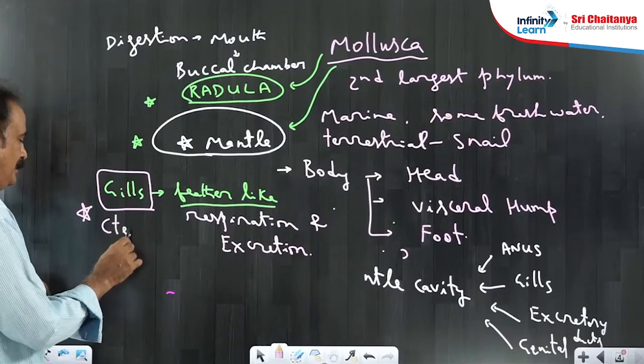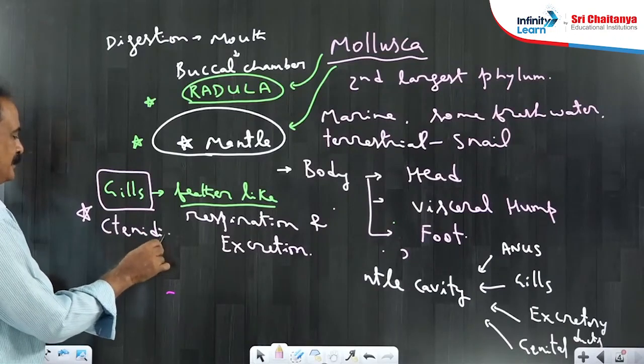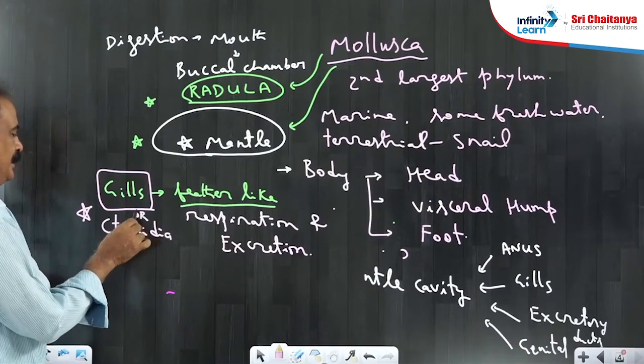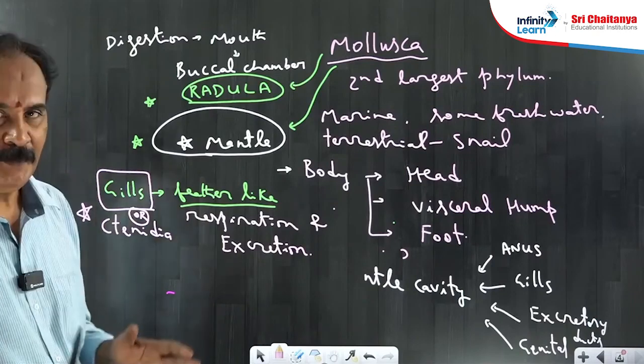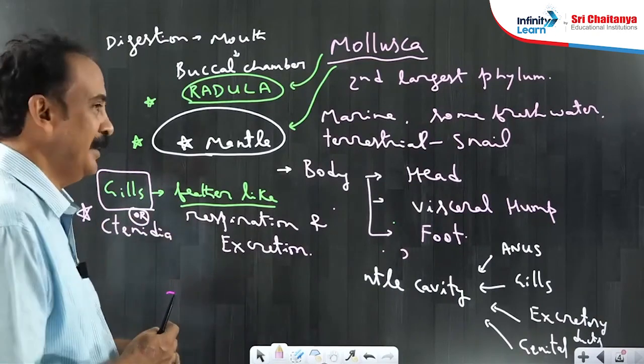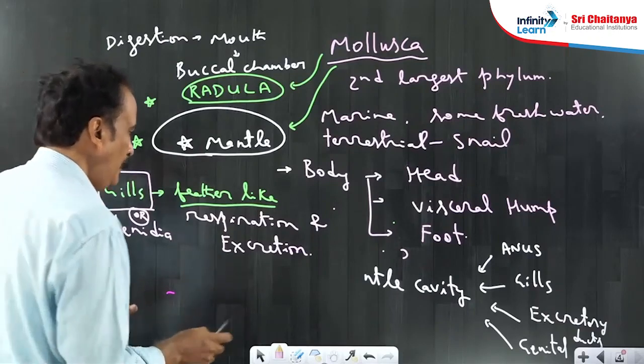If you can remember, this is the additional information. Gills are named Ctenidia only in case of Mollusca because of the shape. And excretion is with the help of the kidney.